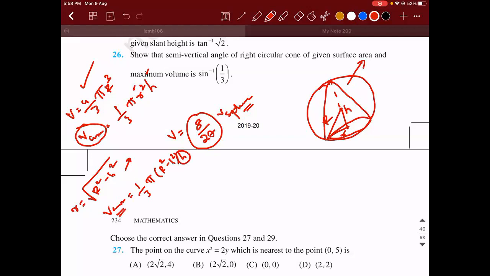Differentiate it, equate it to 0, you'll get the value of h. Once you get the value of h in terms of capital R, substitute the value of h here, you will get the value of small r in terms of capital R. Once you get both, substitute them here, then you will get the answer. Okay, sir. Understood. Okay, try it out.